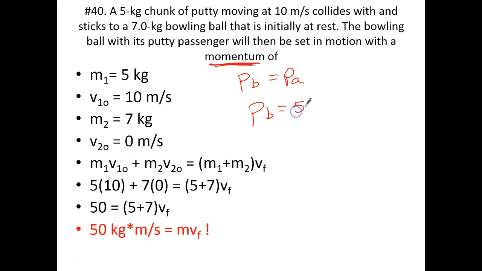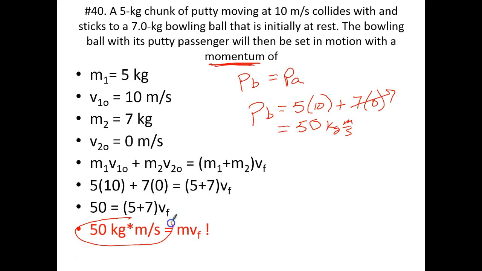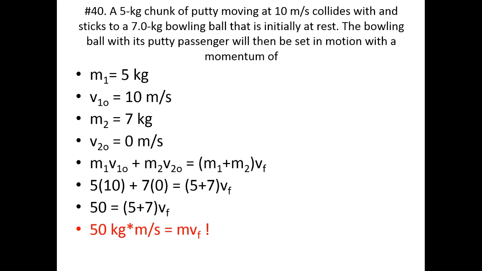That would just be the mass times the velocity of the first object plus the mass of the second object times its velocity, which is 0. So that really just crosses off. And the momentum before would be 50 kilogram meter per second. And we said that that's equal to the momentum after, so it is exactly the same answer, which is 50 kilogram meter per second, and that would be the momentum after. And that is number 40.